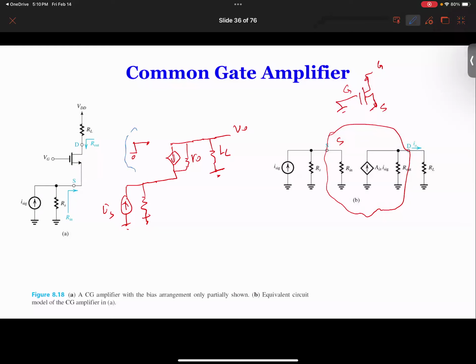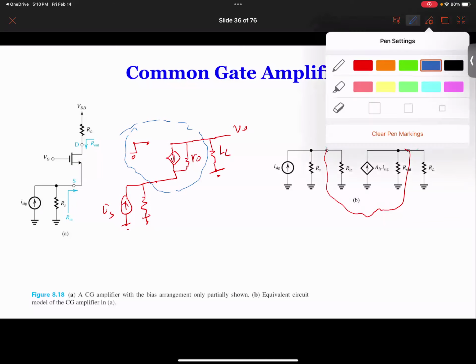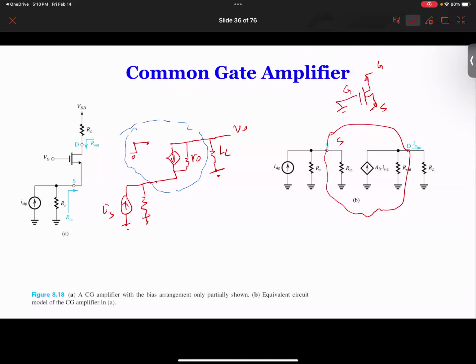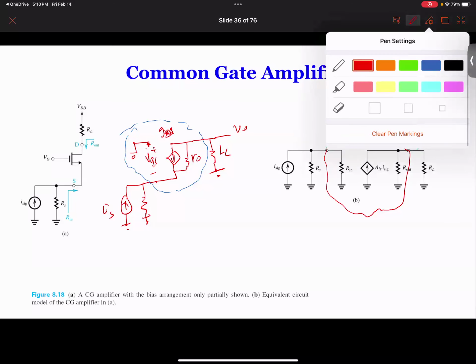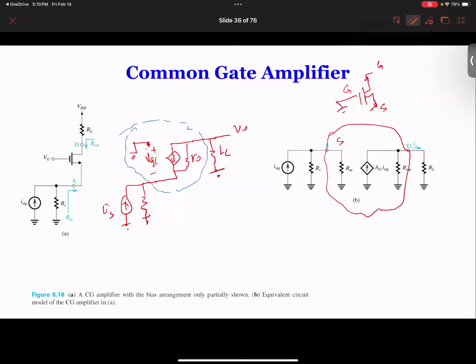Here's the pi model. Here is VGS, and this is VGS. This is GM. So the thing inside the blue block is the pi model of our MOSFET, right?